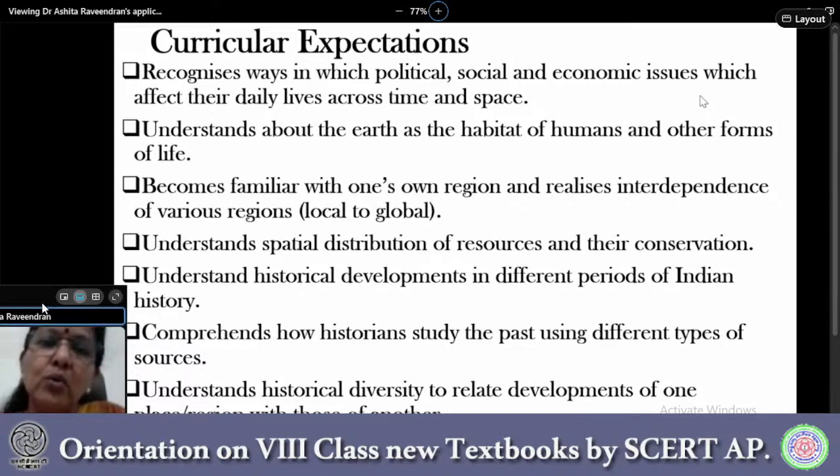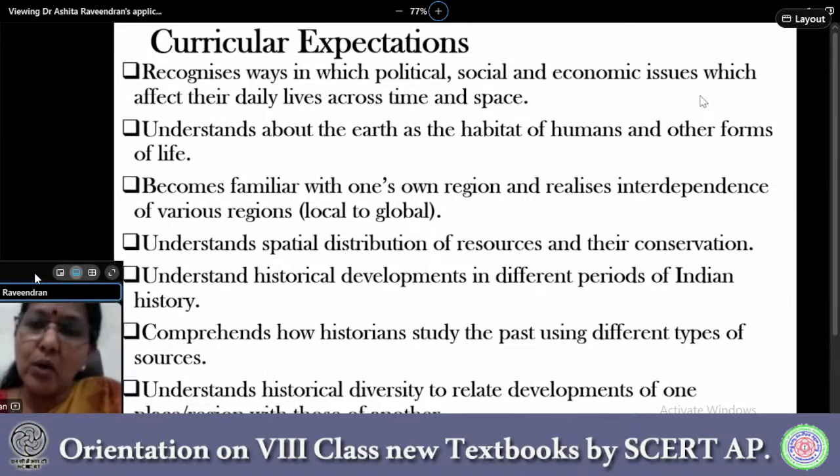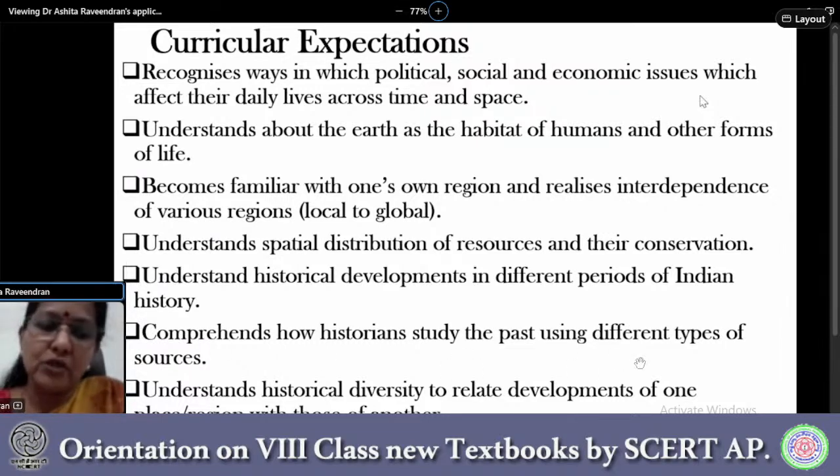They need to recognize that there are many political, social, and economic issues that will be affecting their life. This can be across time. This can be local issues, national issues, global issues. But they need to recognize that there are many political, social, and economic issues that affect their daily life.